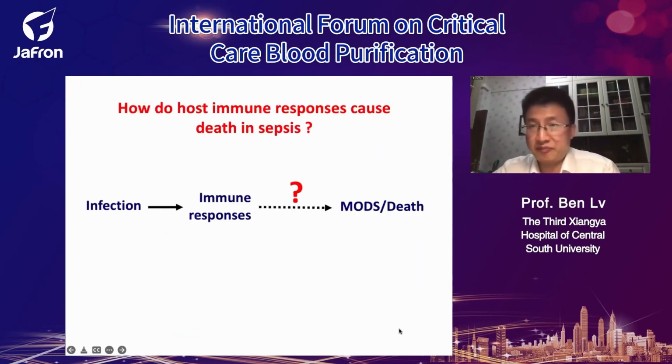However, there were multiple clinical trials trying to neutralize those cytokines and chemokines, especially tumor necrosis factor, and those clinical trials all failed to prove that neutralizing those cytokines or blocking TLR4 signaling brought benefits to patients.